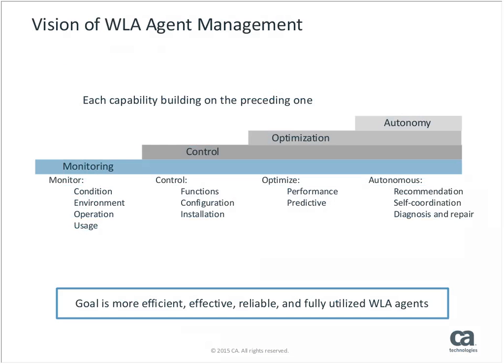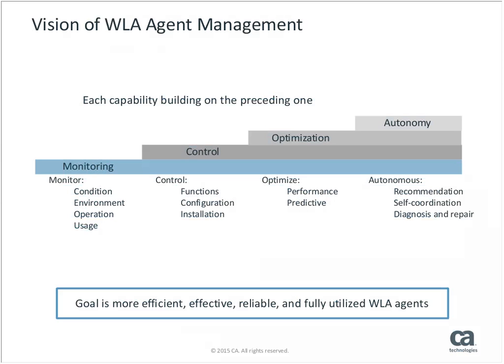Essentially, the vision that we have for workload agent management is divided up into multiple phases. The first phase, which is really R12, is the monitoring piece. Eventually, we want to have much more control over the agent. So we want to be able to have some control over the configuration and installation. We want to be able to optimize the performance and offer some predictive analytics.